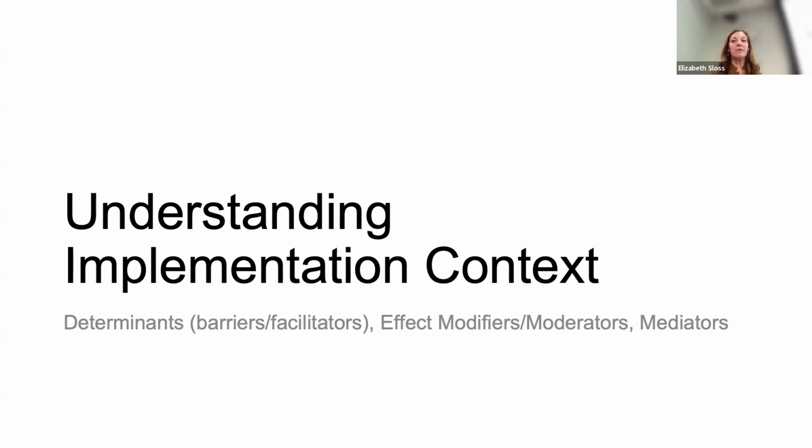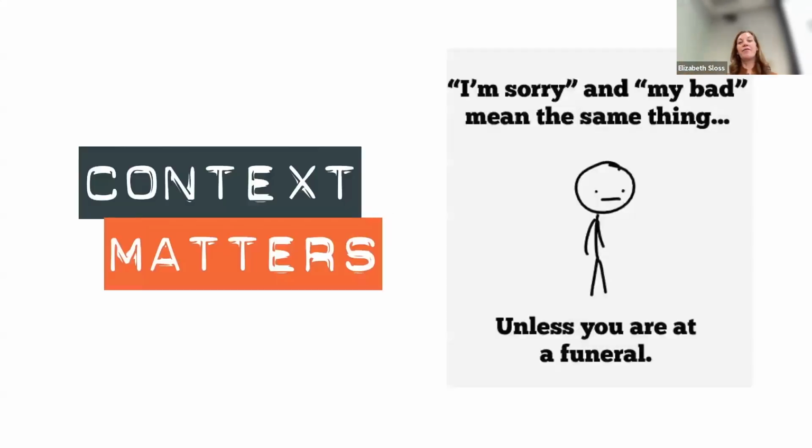Okay, so I'm going to talk a little bit about context. Every time I've looked at this in JD's slide deck, it's made me giggle over the last week, because this is one of the best ways to think about context. What it means really is dependent upon the setting or situation that you are in.